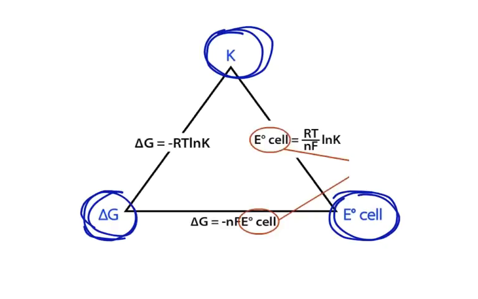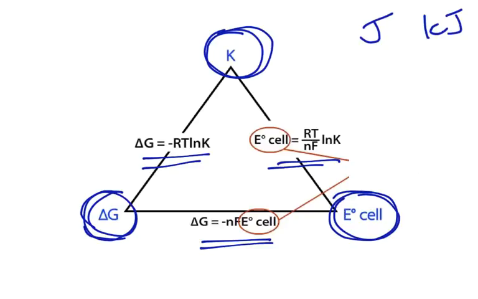All these formulas are on the formula sheet, so you can always refer to them, and then it's just plug and chug as long as you know what each of the variables stands for. Again, watch out for joules and kilojoules. R is in joules, delta G is going to be in kilojoules. And that's it.